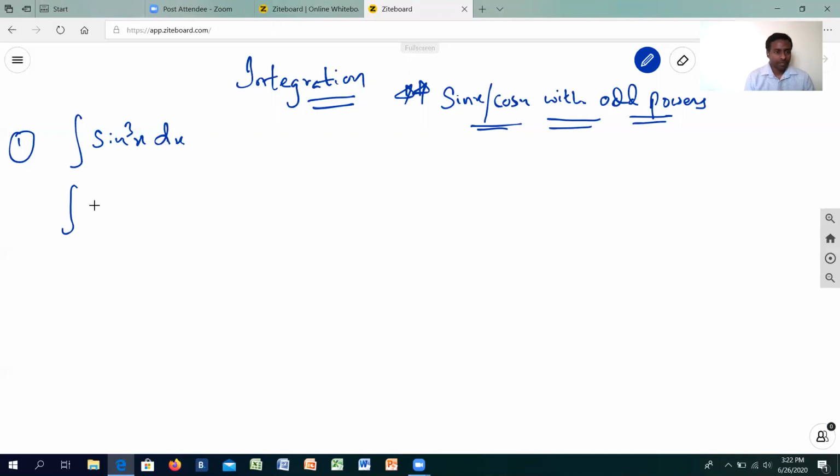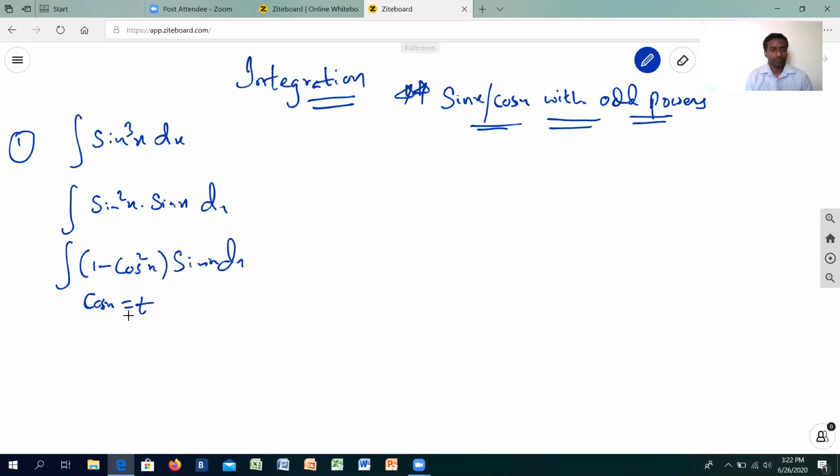Well, in the usual way of solving sine cube or cos cube, whenever we have an odd power, we tend to split it, and then we apply the trigonometric identity that we have. Sine square will give us 1 minus cos square into sin x dx, and then we use the substitution method.